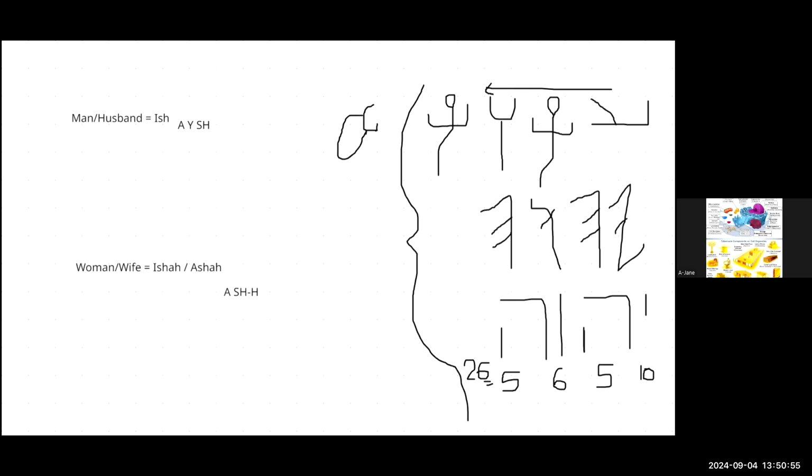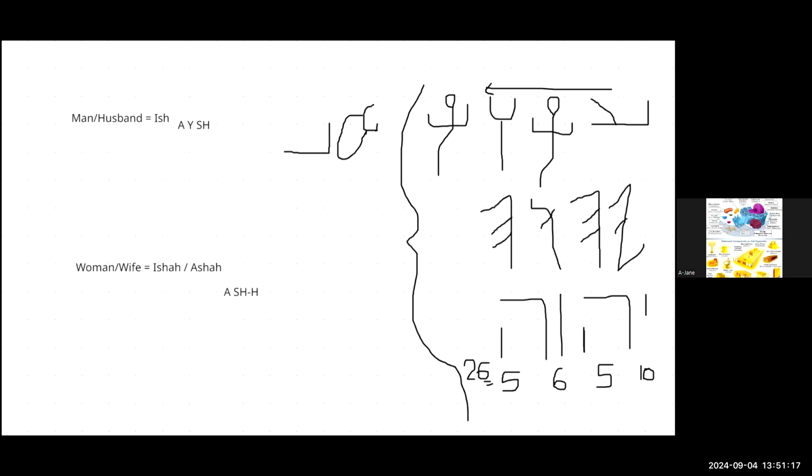So we have the Aleph going from right to left again now. And then we have a Yod, which is the picture of an arm, which is going to be very interesting soon, you'll see.